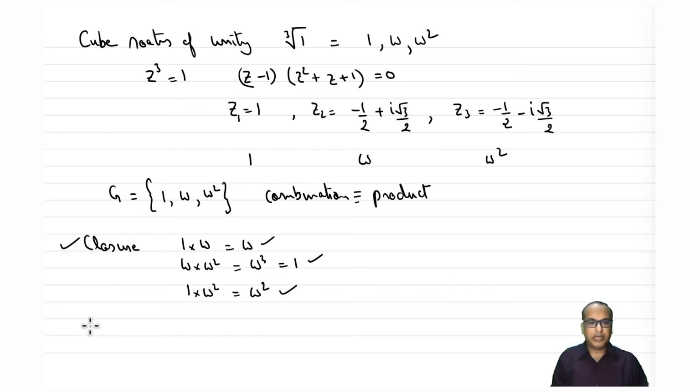Then the second property is identity. For identity, we know that 1 is an element which, when multiplied with omega, leaves omega unchanged and also commutes with omega, right? So identity also holds.